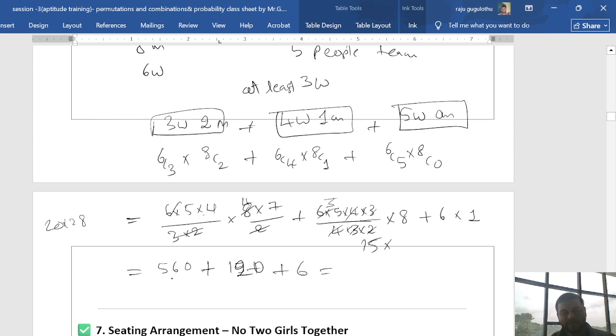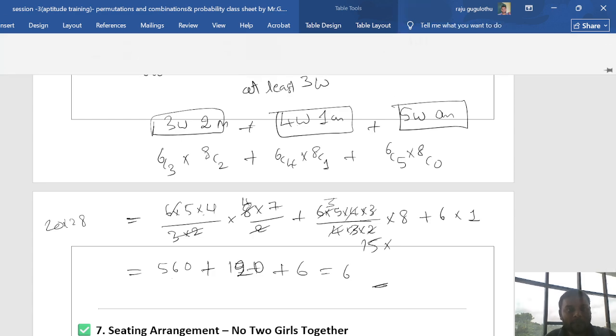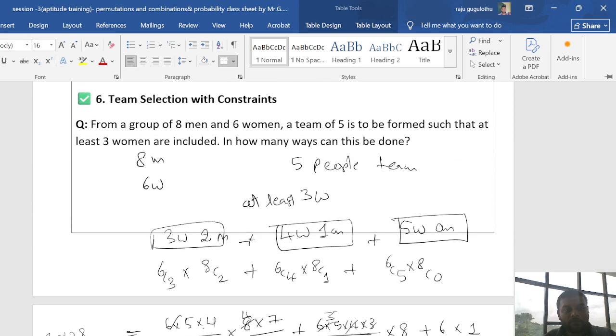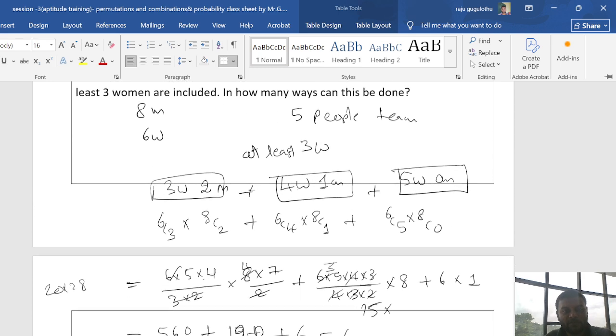So we are having 560 plus 120 plus 6, which is 686. Yes, this is the number of ways. When the at least condition comes, you have to follow this way.